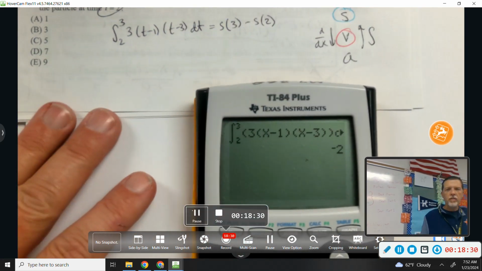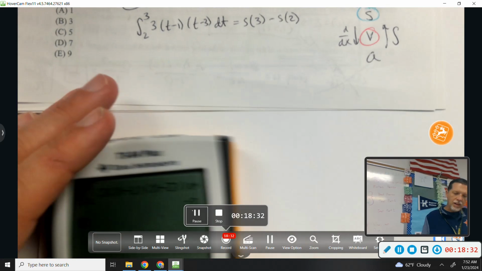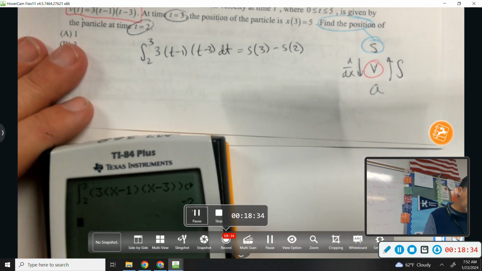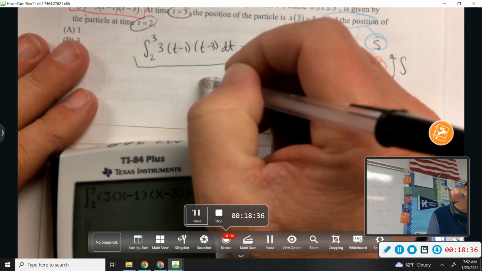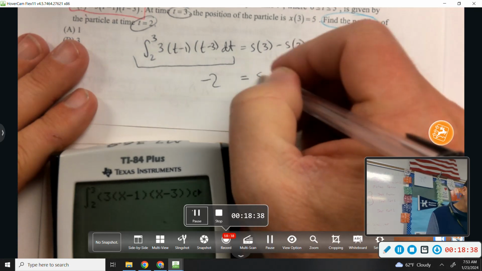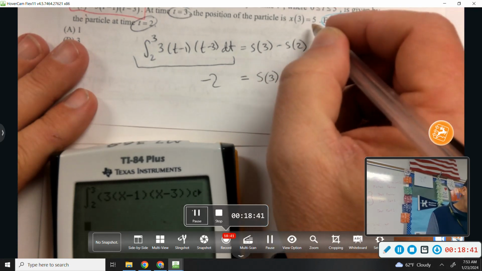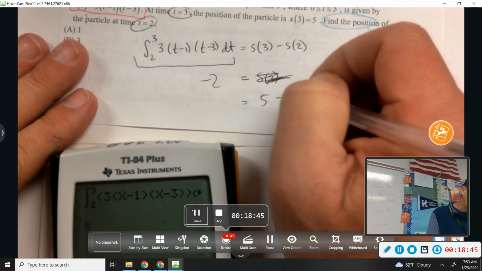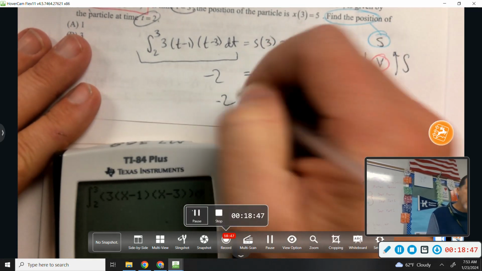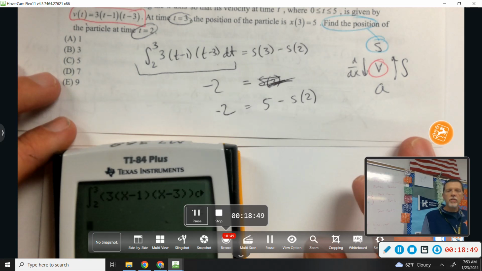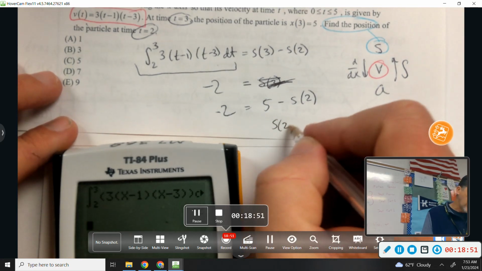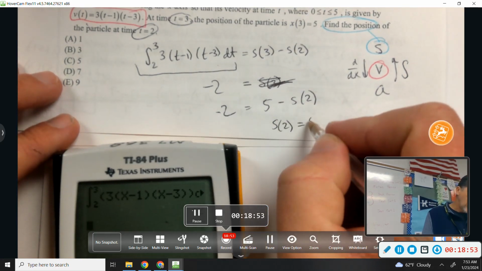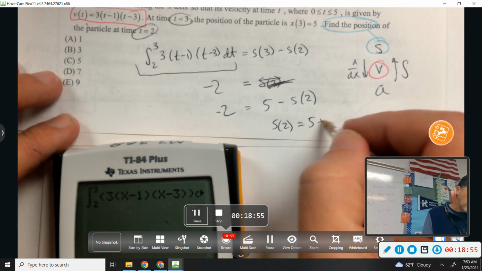Okay, so that antiderivative is negative 2. Let's see if I can not mess this one up. S of 3 is what we're looking for. No. S of 3 is 5. S of 2 is what we're looking for. So let's move things around. S of 2 then is 5 plus 2, is 7.